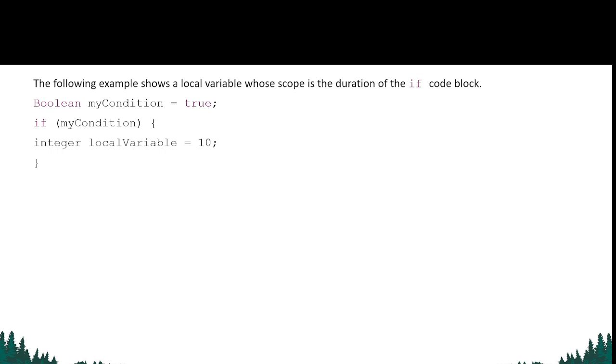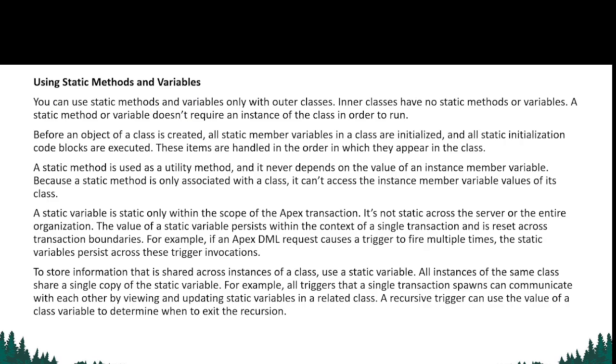Now this is the code that is showing the usage, that is, you need to declare it boolean because whether it is true. If the condition is true, then it will take the value of the integer, that is, the local variable is assigned as 10. Then you have the different static methods and variables. So you can use different static methods and variables only with the outer class.